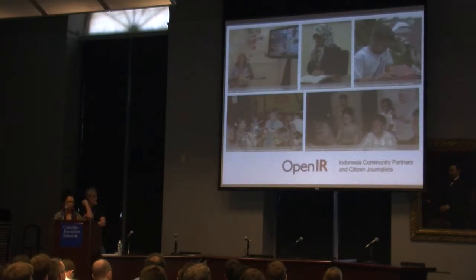Our initial study areas have been here in New York and also in Indonesia, which is an interesting confluence of economic development and ecological vulnerability in terms of flooding, deforestation, and volcanic risk.